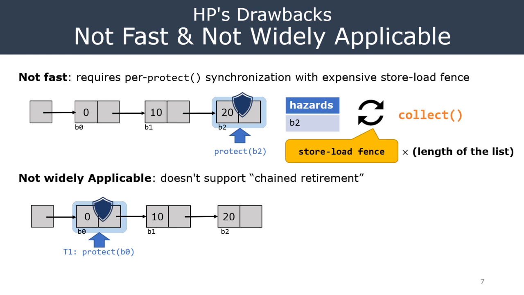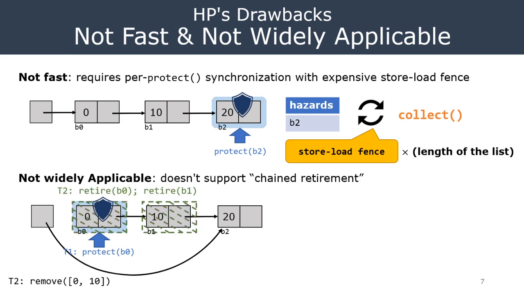T1 is protecting the first block, and let's assume that T2 has been removing the first and the second block at the same time by performing CAS on the head pointer from the original head pointer to block B2. Suppose that happens, and let's see what will happen. T2 is going to unlink the two nodes, B0 and B1.